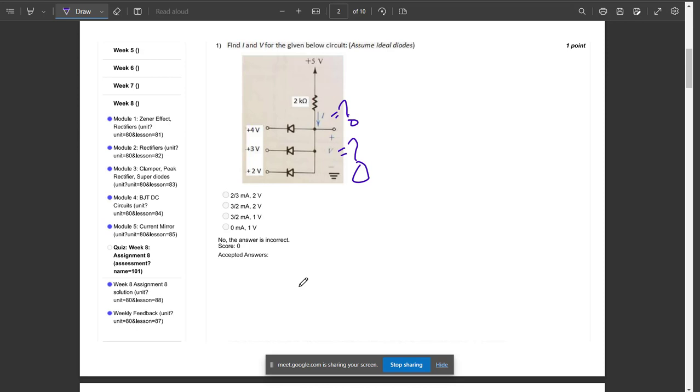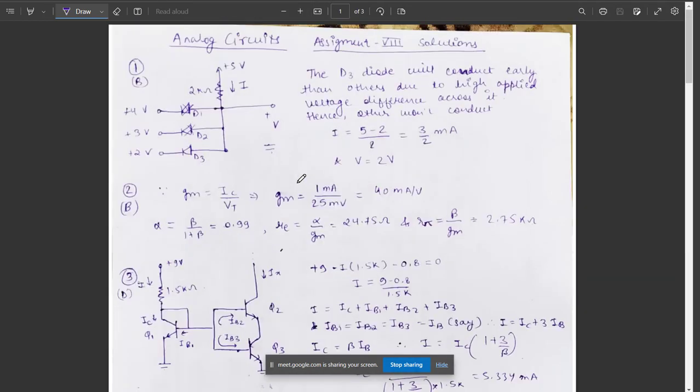What about others? How have others solved it? Okay, all right, I will solve. Yes, so he is right. The diode that conducts will be the one with the maximum potential difference, right?